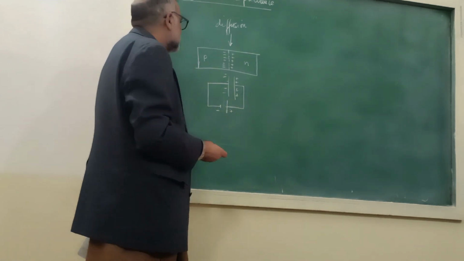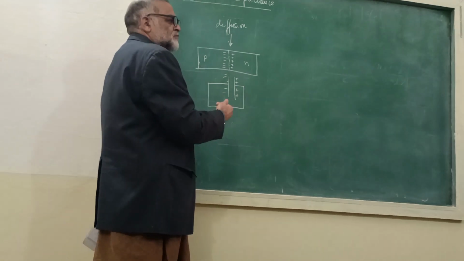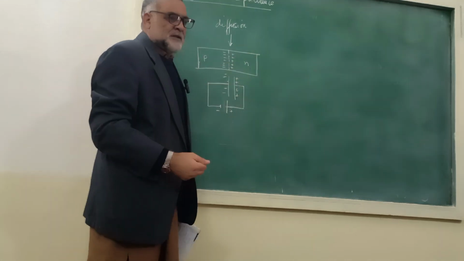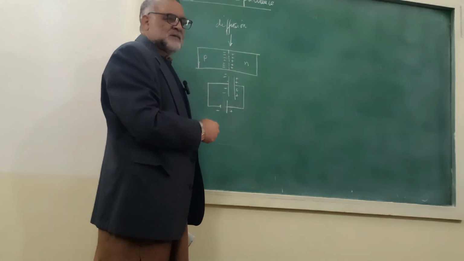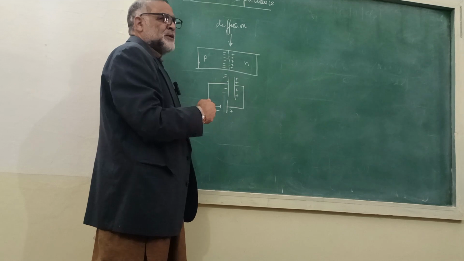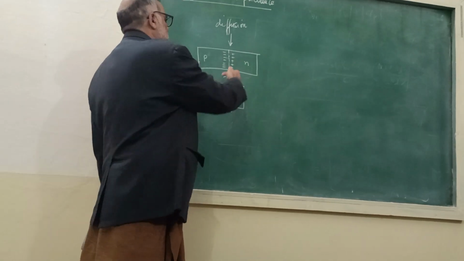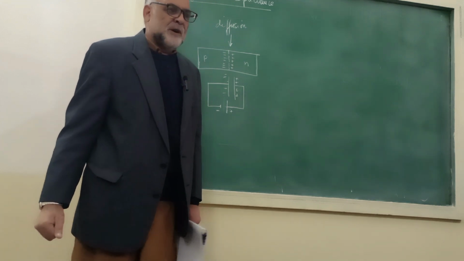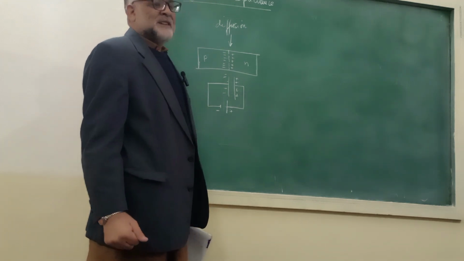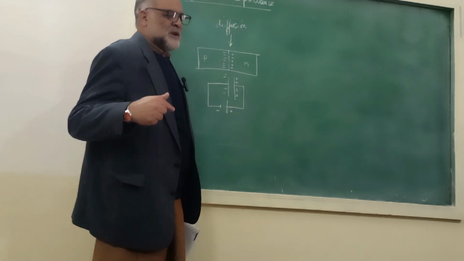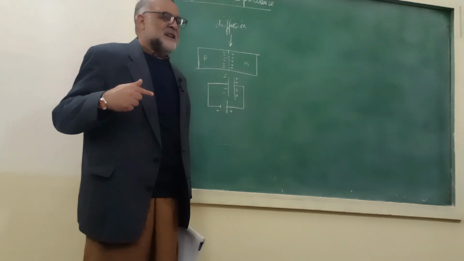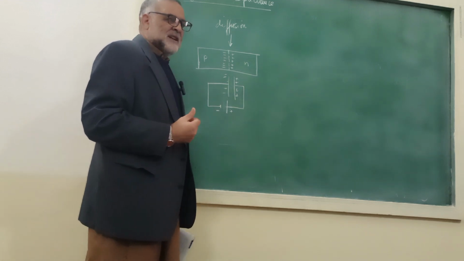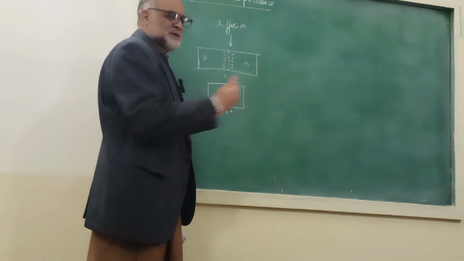So the density of these charges may be different depending upon those impurity atoms, depending upon the property of the material, and depending upon the temperature as well: how much particles can diffuse, how easy it is for the particles to diffuse to the other side.